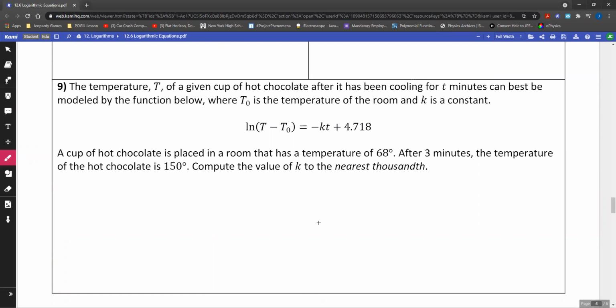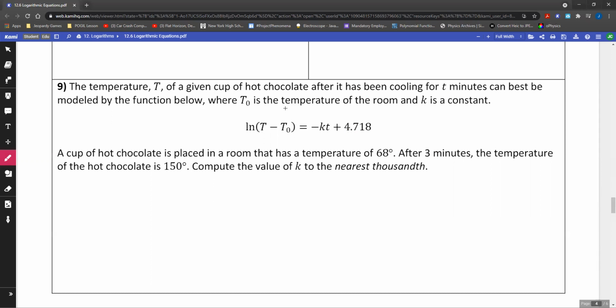So here's an equation that's dealing with the cooling of a hot cup of chocolate after a few minutes. They say that K is some constant, and they want us to actually figure out what K is. So it says that when the hot chocolate is placed in the room, it initially has a temperature of 68 degrees.